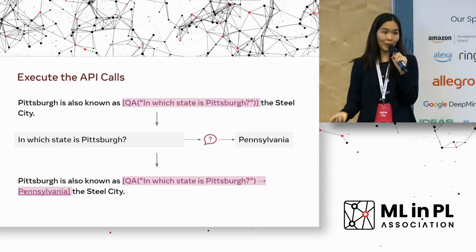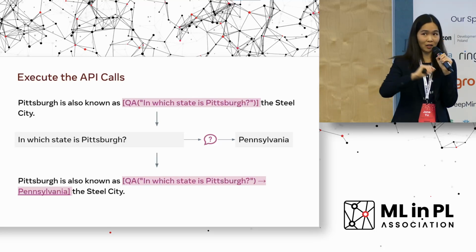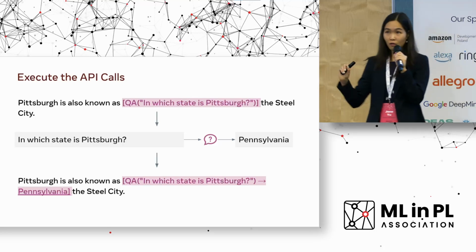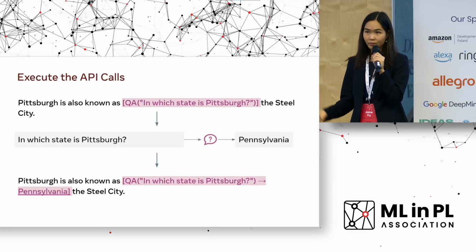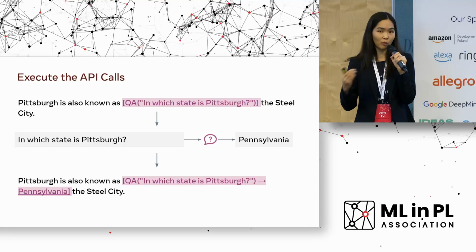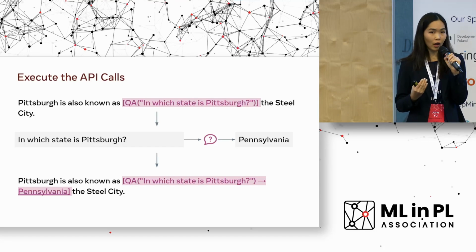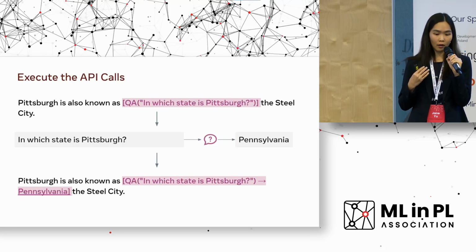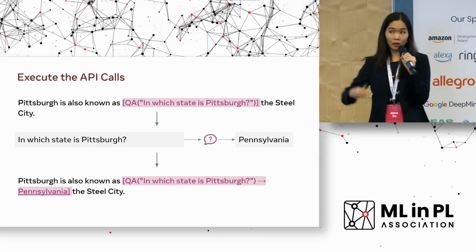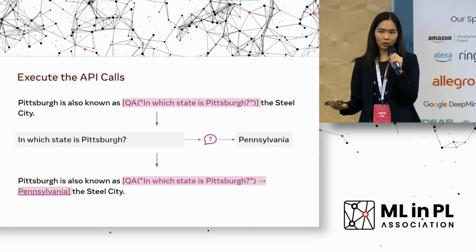And then we're going to embed the answer back into the natural language text by indicating a right arrow followed by the answer, which is Pennsylvania. And this is also the point where we would filter out any generated API calls that don't actually return an answer, or maybe they throw an error with the tool, or they're not syntactically correct in some other way.